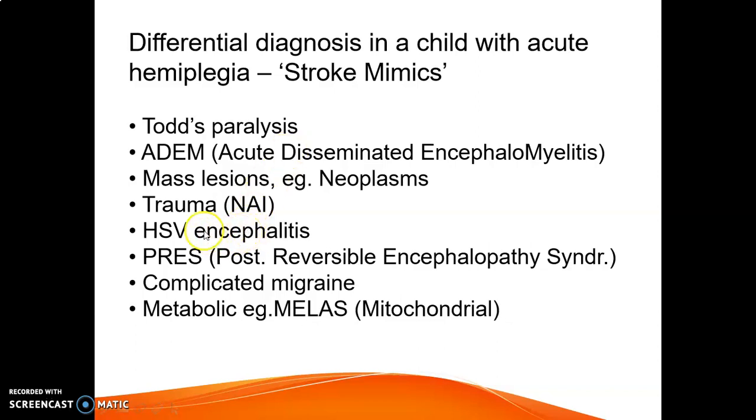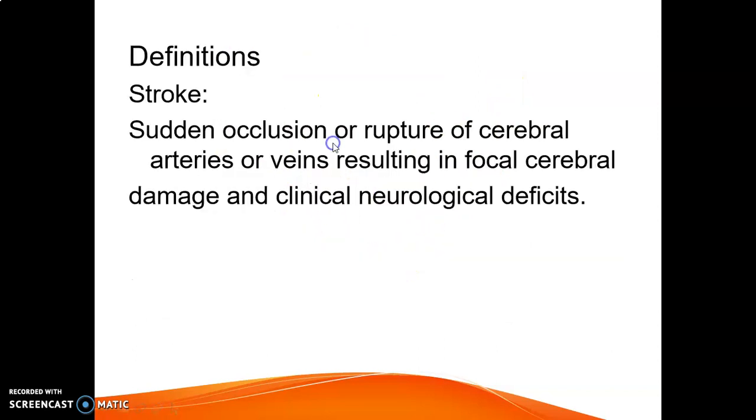Herpes simplex virus infection leading to brain involvement, that is encephalopathy. Posterior reversible encephalopathy syndrome, complicated migraine, and other metabolic diseases. These conditions can show acute hemiplegic-like symptoms, so we have to be aware.